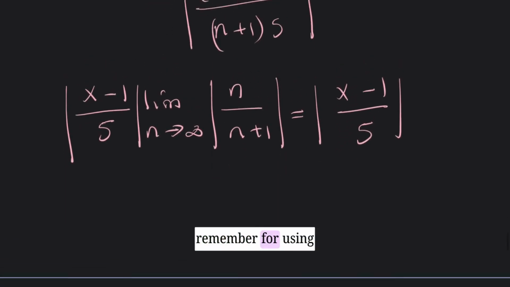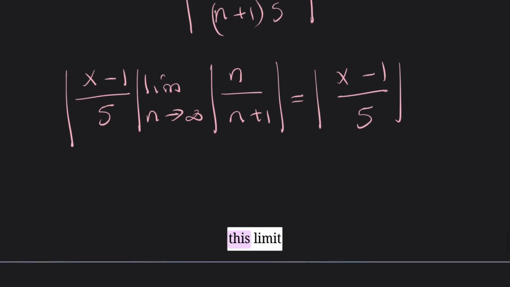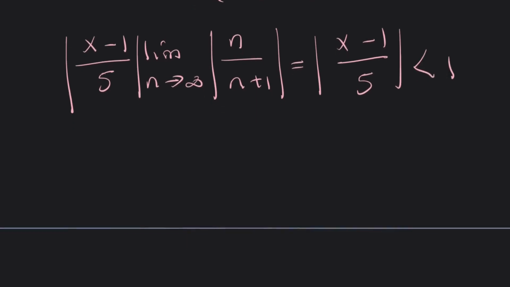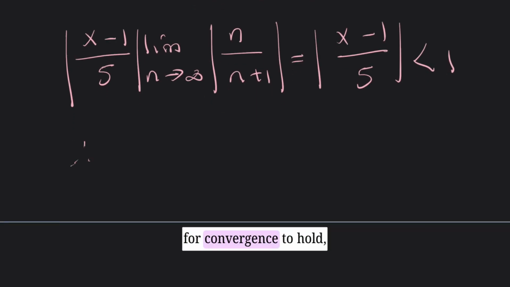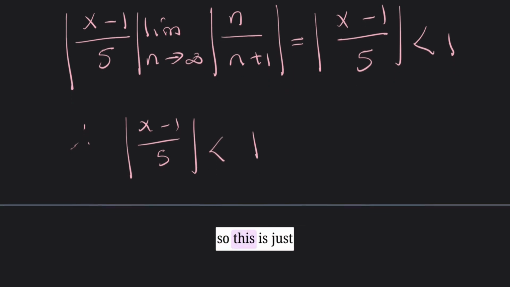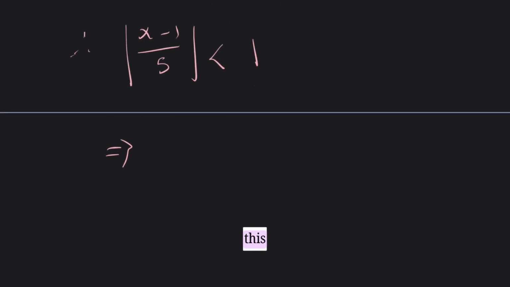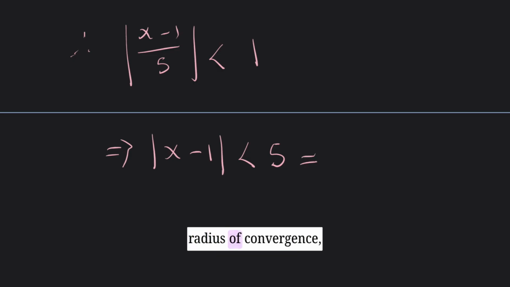Now remember, for the ratio test, for this series to be convergent, this limit has to be less than 1. So for convergence to hold, we need the absolute value of x minus 1 divided by 5 to be less than 1. This implies the absolute value of x minus 1 is less than 5, and this is the radius of convergence, which is your R, which is 5.